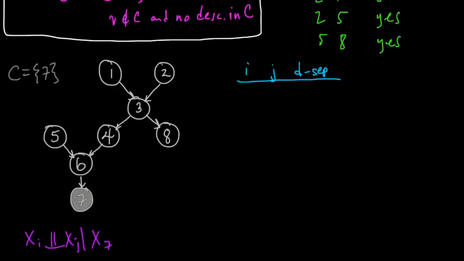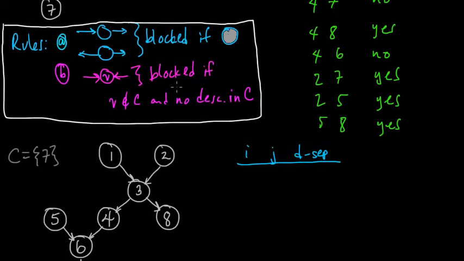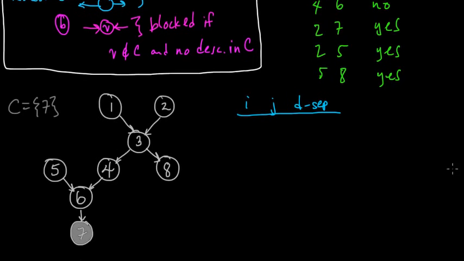We only put a stop sign if it's not in C and no descendant is in C. So it's blocked only if it's not in C and none of its descendants are in C. But here one of the descendants is in C, so it's not blocked.